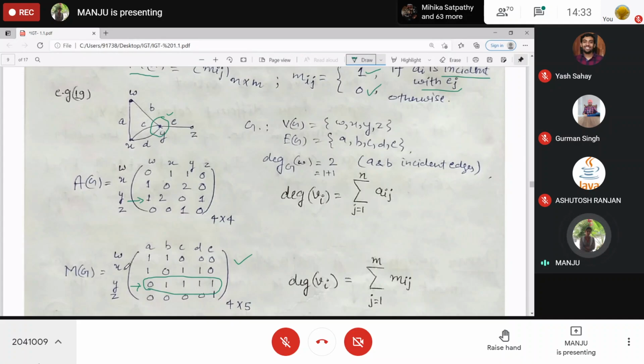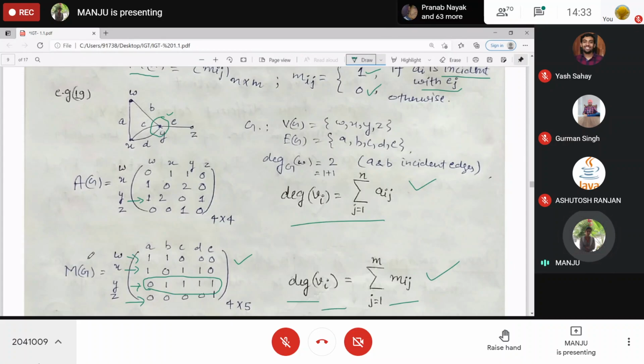For X it is 3, and from here also 3. For W it is 2. For Z it is 1. This is also the result that the degree of the ith vertex will be the sum of all the entries in the ith row, right? And the same with this one.